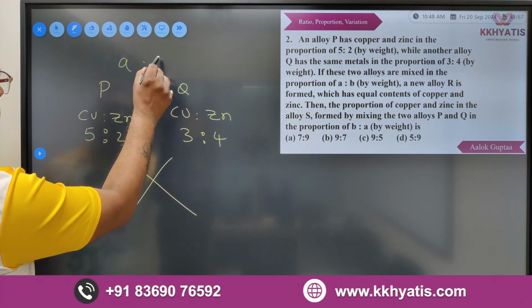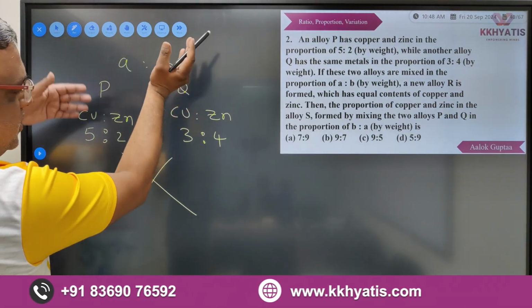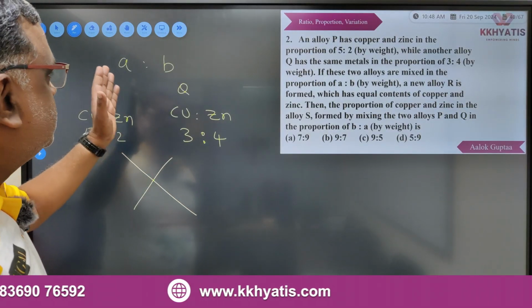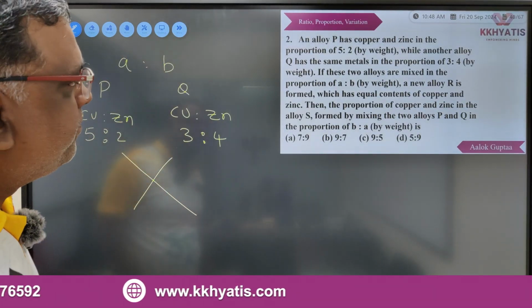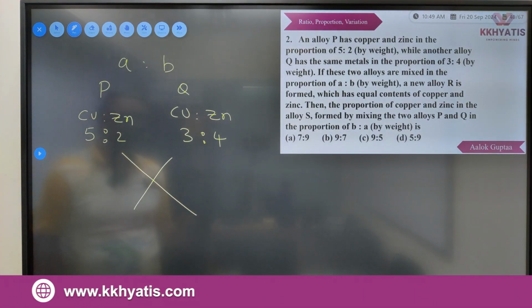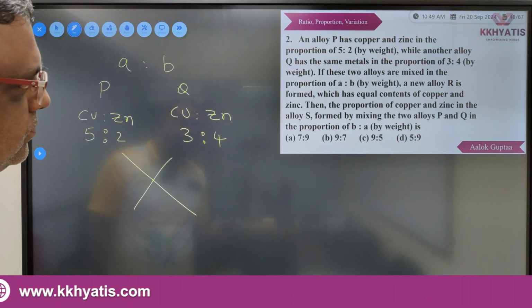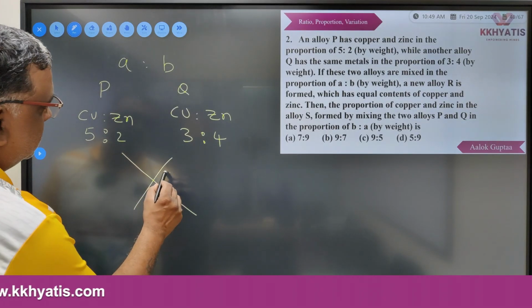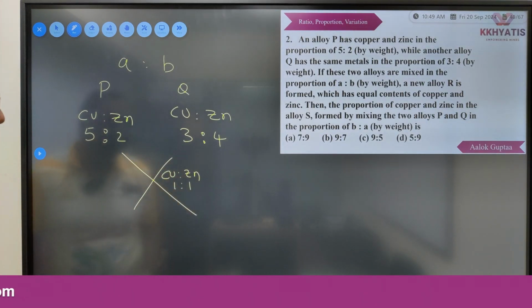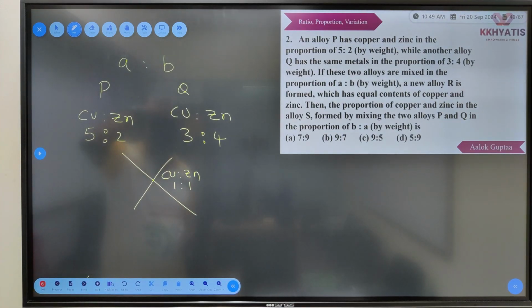So A kgs of P and B kgs of Q are taken, and a new alloy R is formed in which copper and zinc is 1:1. This is a classical example where I will solve by the mixtures and alligation method.